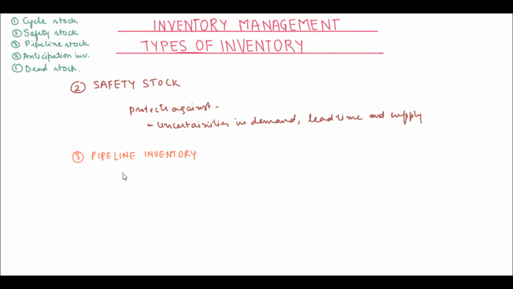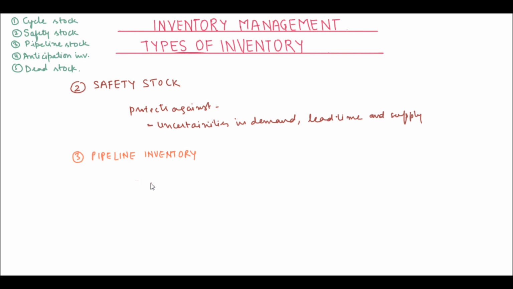Now the third type of inventory that we'll discuss is the pipeline stock or pipeline inventory. Now inventory moving from point to point in the materials flow system is called the pipeline inventory.